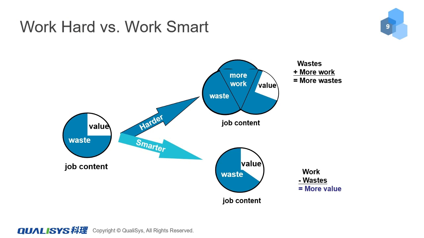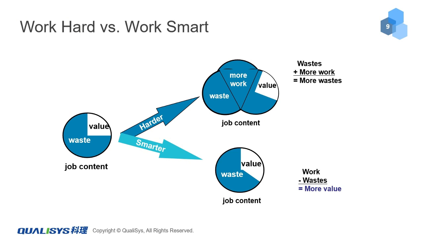The not so smart way is to focus on value-added activities. Shall we do more? We increase the content or increase the portion of the value-added activities. You can do that, but don't forget, if you do more value-added activities, there will be more associated waste. And in the meantime, you bring along a lot of waste together.